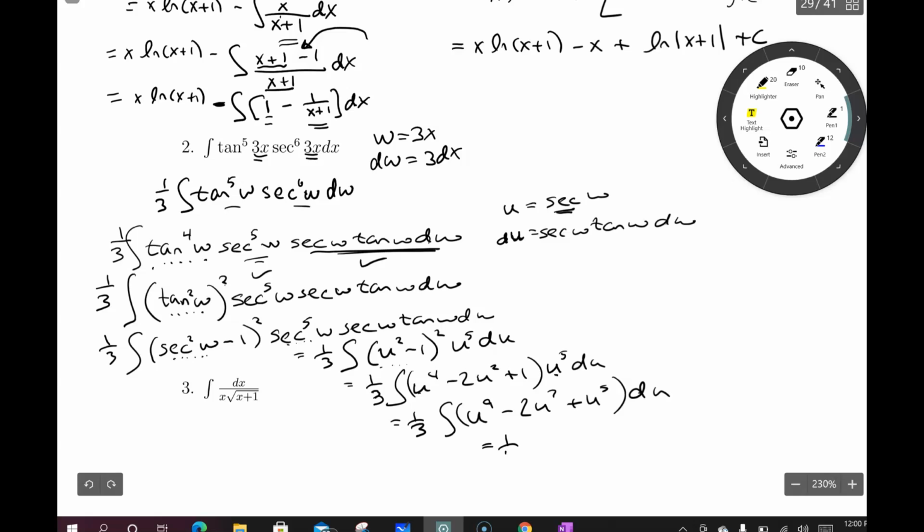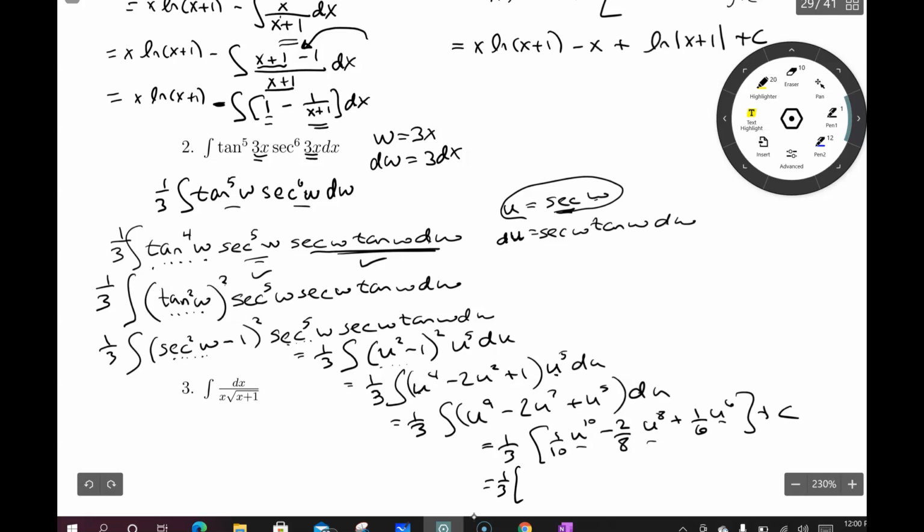And then finally take the antiderivative, right? u to the 10th over 10 minus 2/8 u to the 8th plus 1/6 u to the 6th plus c, and then I would put my secant back in for each of these, and then I would put the 3x back in for w.